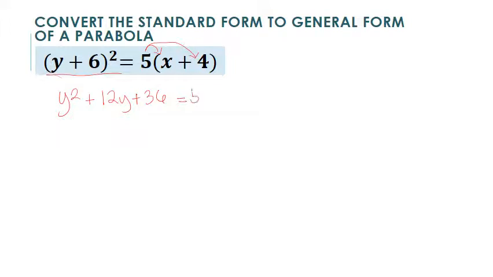So, we have 5x plus 20. Simplifying further, we have y squared plus 12y plus 36 by addition property of equality minus 5x minus 20 equals 0.